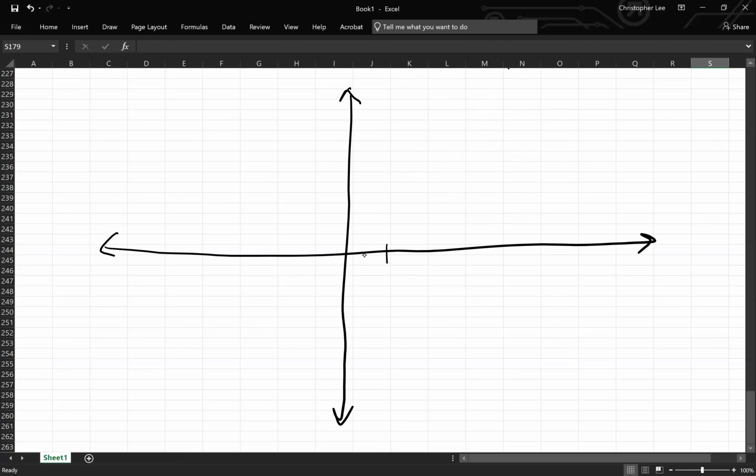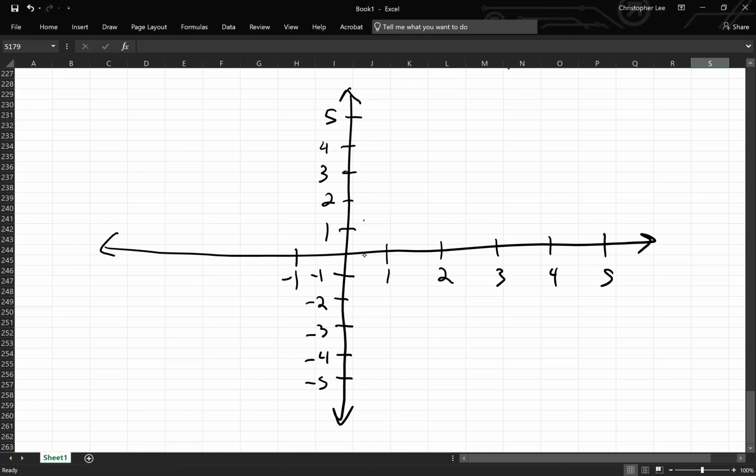So 1, 2, 3, 4, 5, and -1, -2, -3, -4, -5, 1, 2, 3, 4, and 5, and then -1, -2, -3, -4, -5.